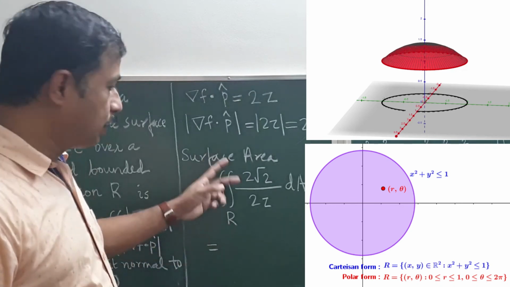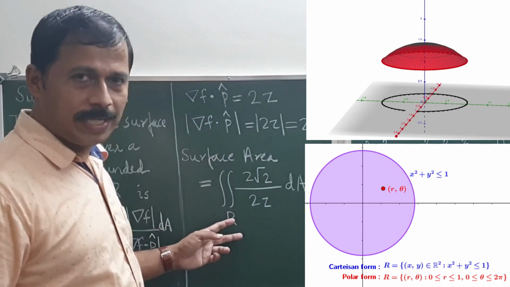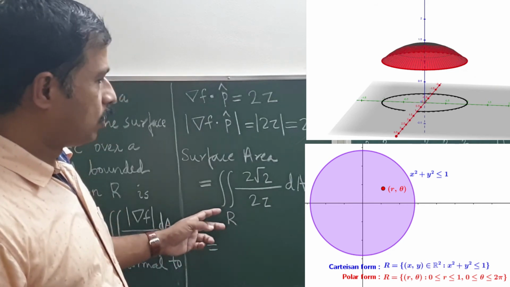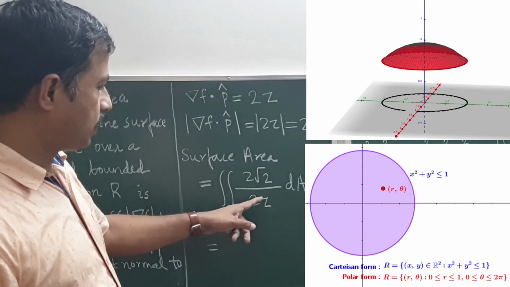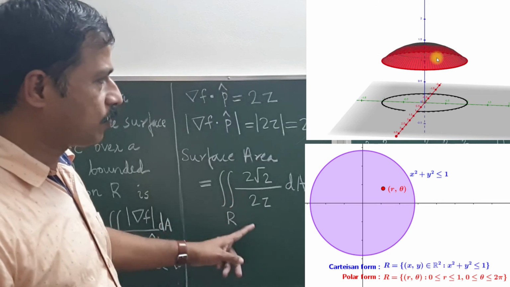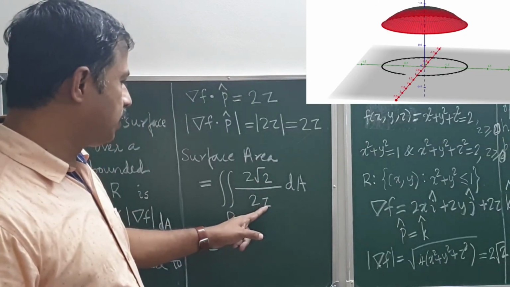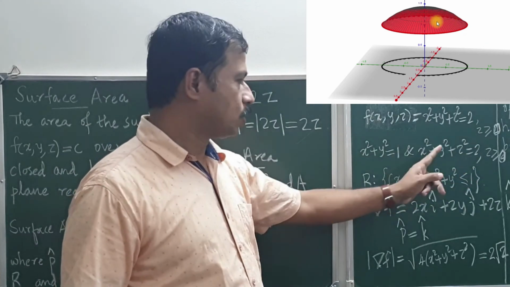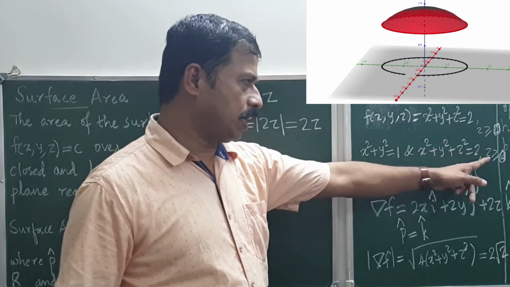See, here our region of integration R is in terms of x and y. So we have to write z in terms of x and y. That is possible because these z lie on the upper hemisphere. So z is already greater than or equal to 0.